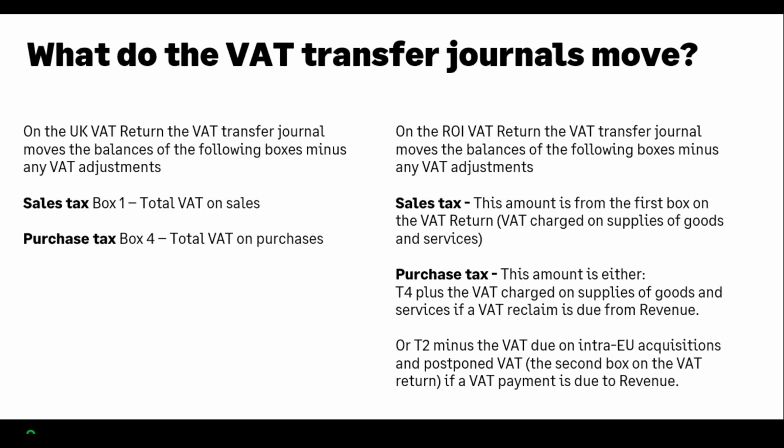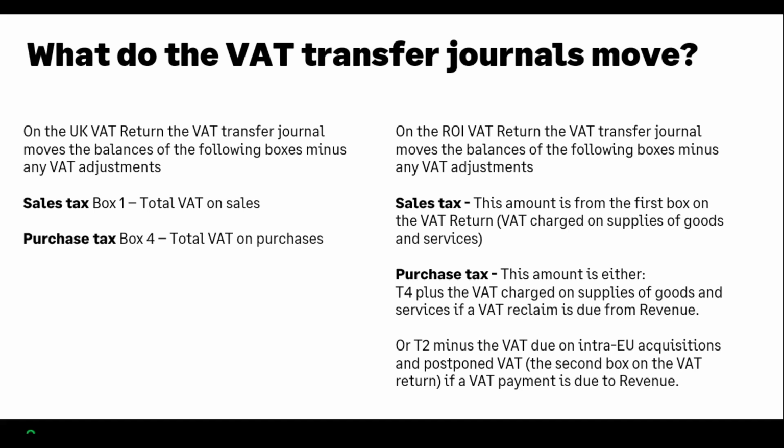How can we do that? This is what they move, essentially. Not to read it out to you verbatim, but your total VAT on sales from your sales tax and your total VAT on purchases. And for the Republic of Ireland, on the right-hand side, it explains where the boxes are as well. This is going to be on the handout for you.